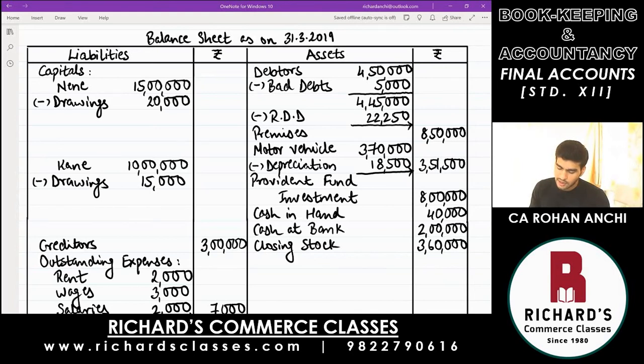Deduct and tell me in the outer column. How much is debtors after deducting RDD? $4,22,750.